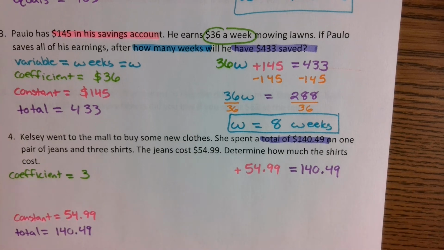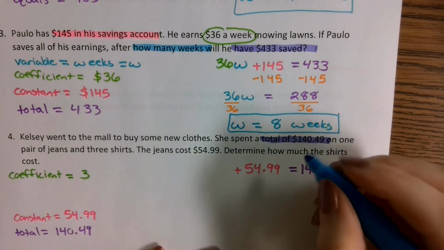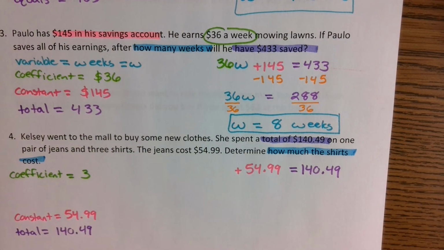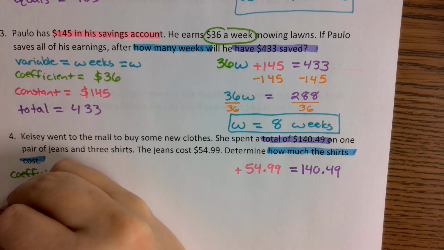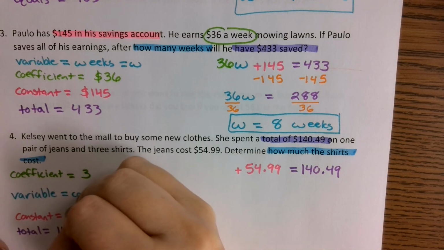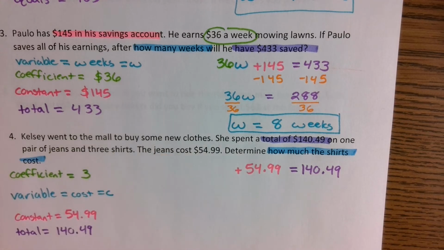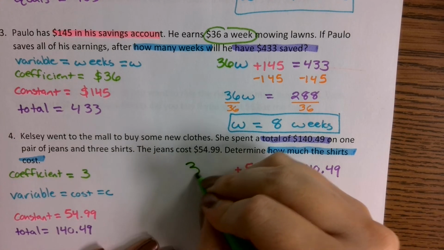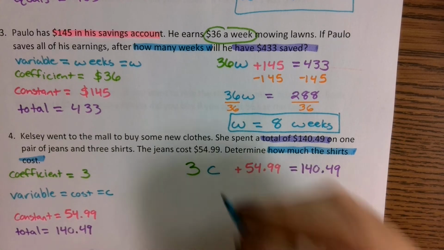The question is telling us the variable. How much does the shirt cost? So we want to know the cost of the shirt. So my variable is going to be a cost, or C. I want to know how much the shirt cost. And I bought 3 of those shirts.